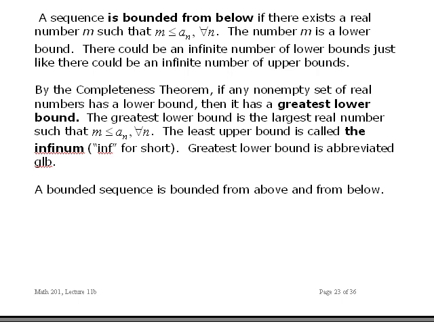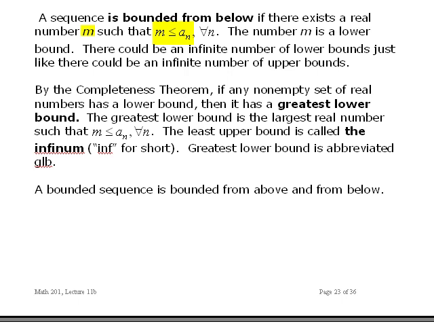And we can look in the other direction. Is the sequence bounded from below? Let's say that there is a number, little m, such that all the terms of the sequence are greater than or equal to this little m. Then m is a lower bound. Again, by the completeness theorem of real numbers, if a non-empty set of real numbers, which this sequence is, has a lower bound, then it has a greatest lower bound.